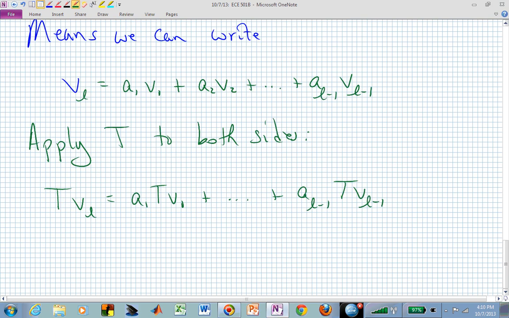But all of those Tv's are special, aren't they? Since the v's are eigenvectors, those Tv's can be written in the same direction as the respective v. So Tv1 looks like lambda 1 v1, Tv2 is lambda sub 2 v2, etc.